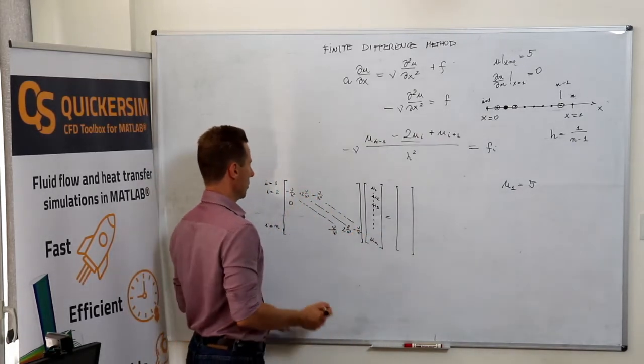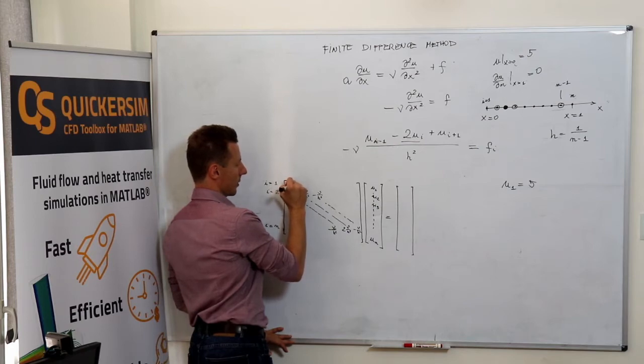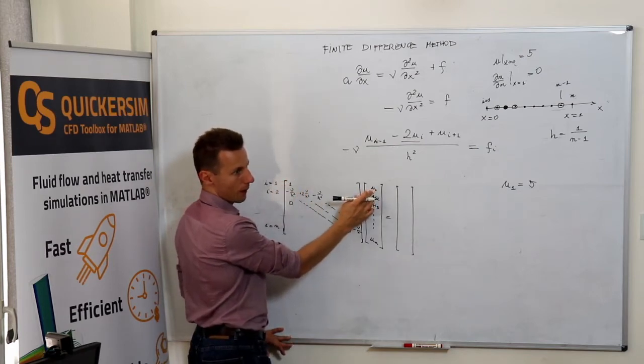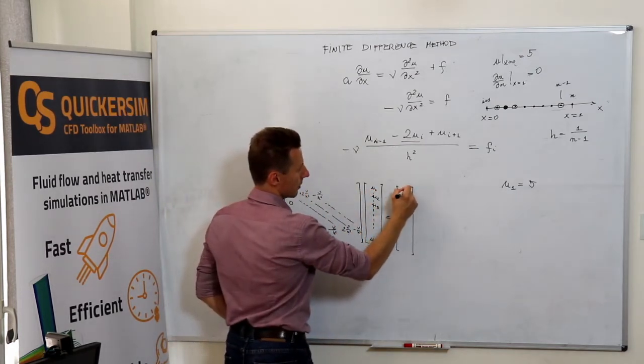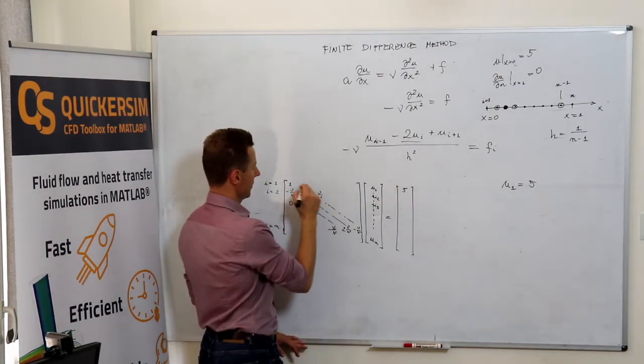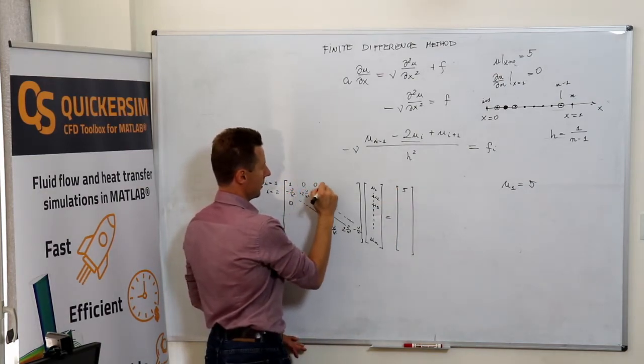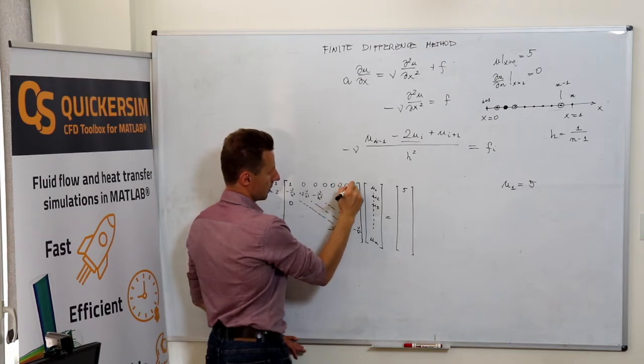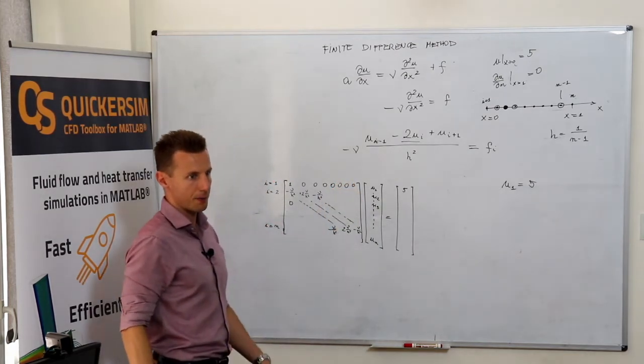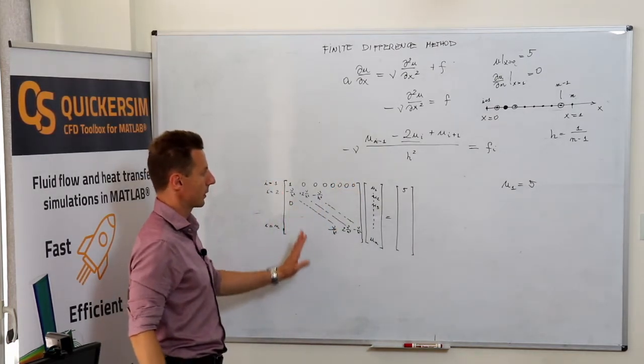The easiest thing to do is to say, okay, u1 equals 5, and everywhere here we've got zeros, and this already satisfies our boundary condition.